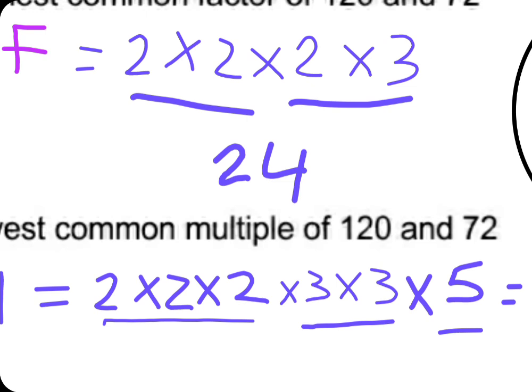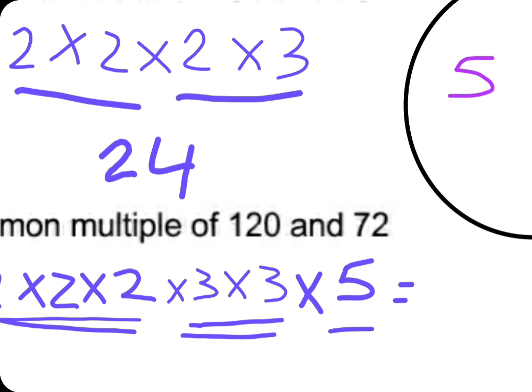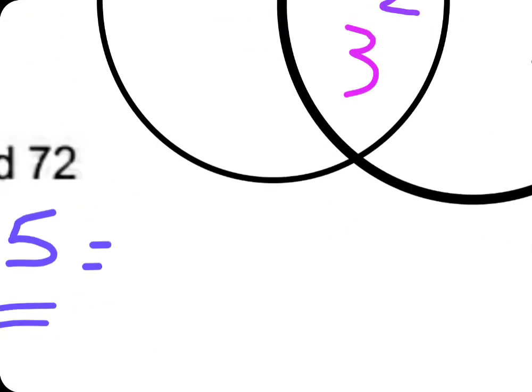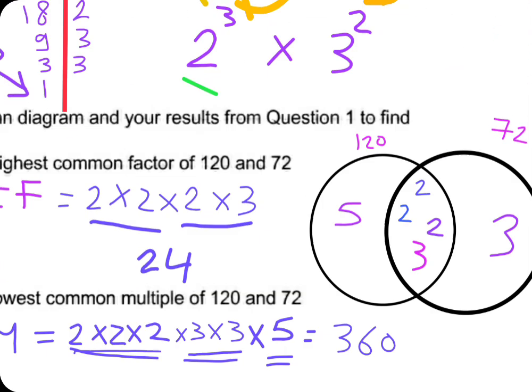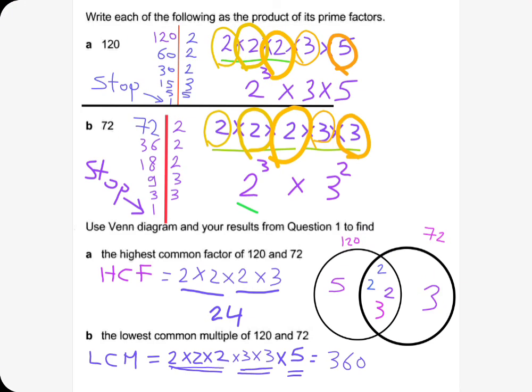As we said, 2 times 2 times 2 is 8. And then we have 3 times 3, which is 9. And then the 5. So 8 times 9 times 5 equals 360. Very good. And this is how you find the LCM.